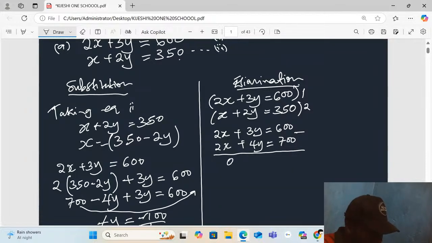So that is 0 plus 3y minus 4y, you get negative y, which is equal to 600 minus 700. So 600 minus 700, we're going to get negative 100.